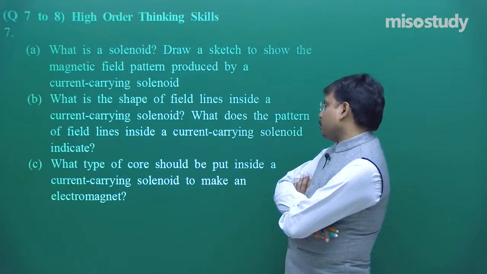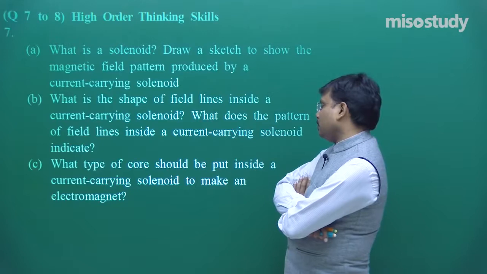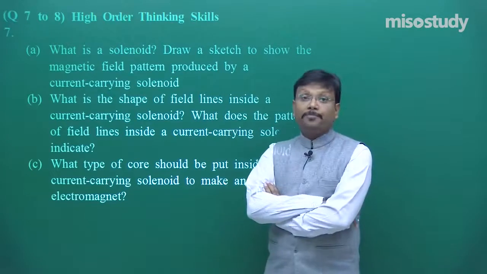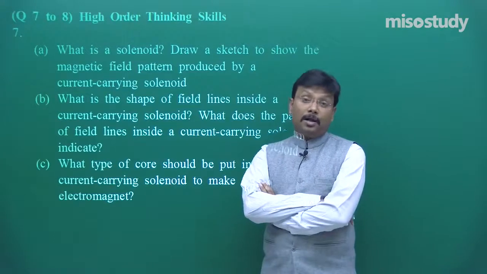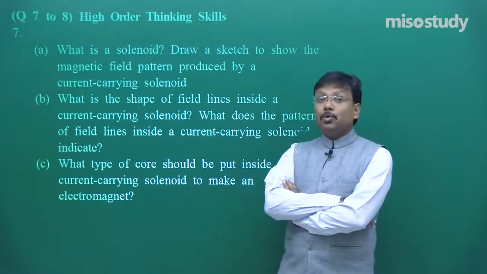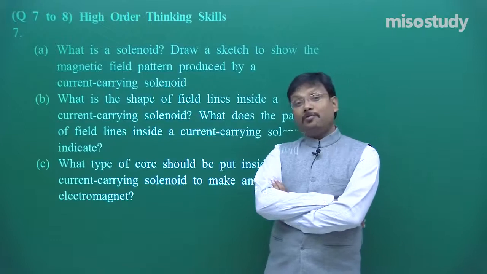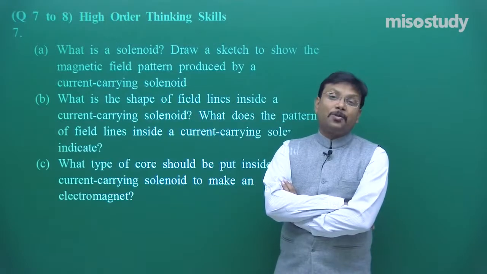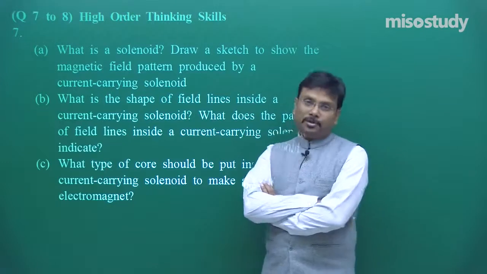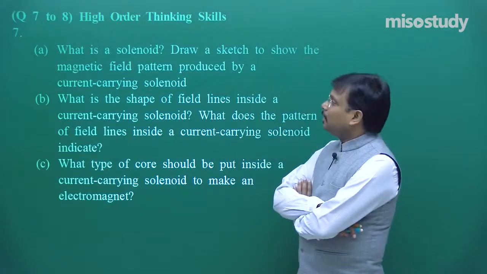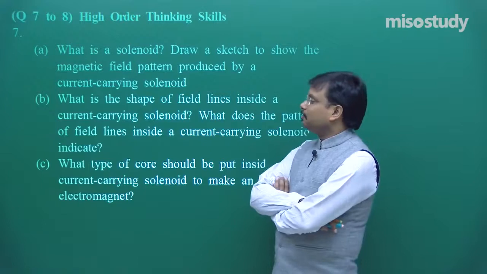What type of core should be put inside a current carrying solenoid to make an electromagnet? Soft magnetic material, because if you try to recall, I devoted 2 lectures on this aspect. One was even associated with electromagnets. So, soft iron material you can put. Fine. So, this is the solution of these questions.